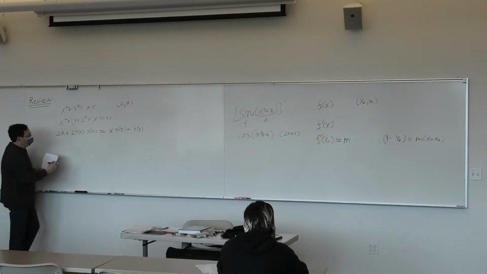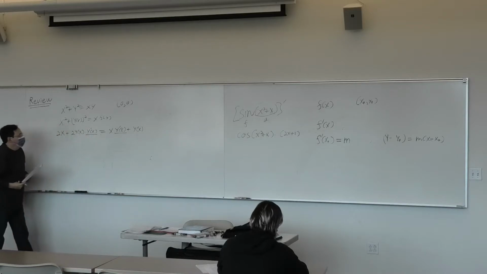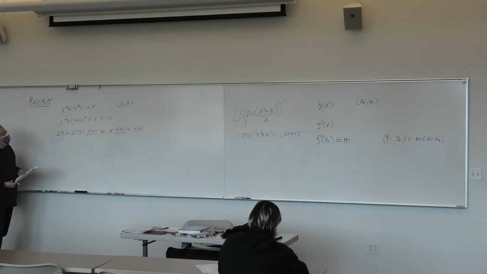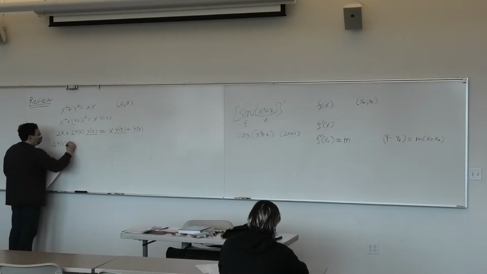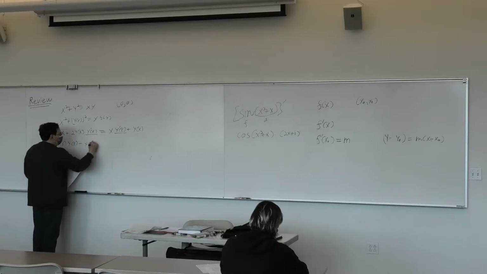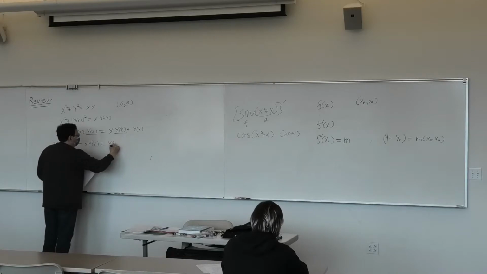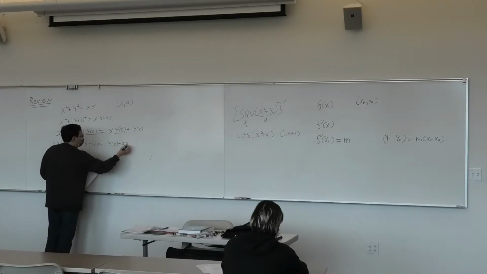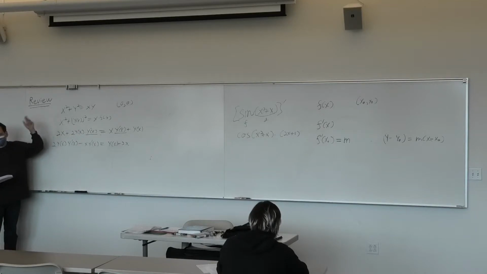And I look back at this equation and I see, oh, I have the derivative of y twice. So I want to collect those. Put the y prime terms on one side, and we put y of x minus 2x on this side. You don't have to keep writing y of x.